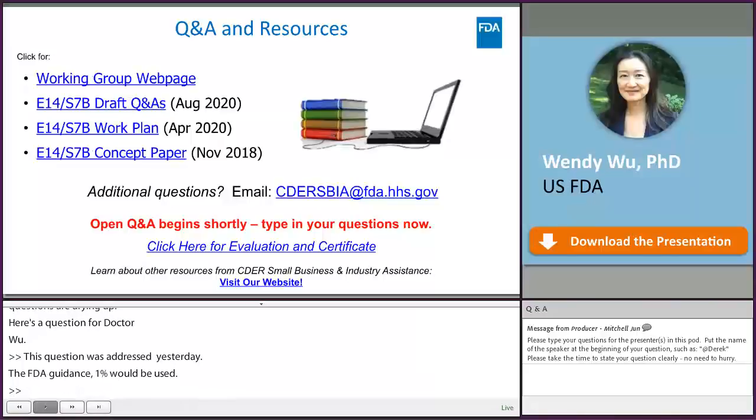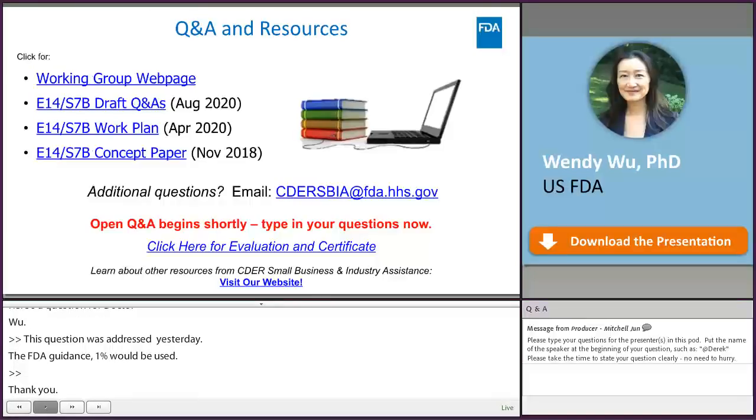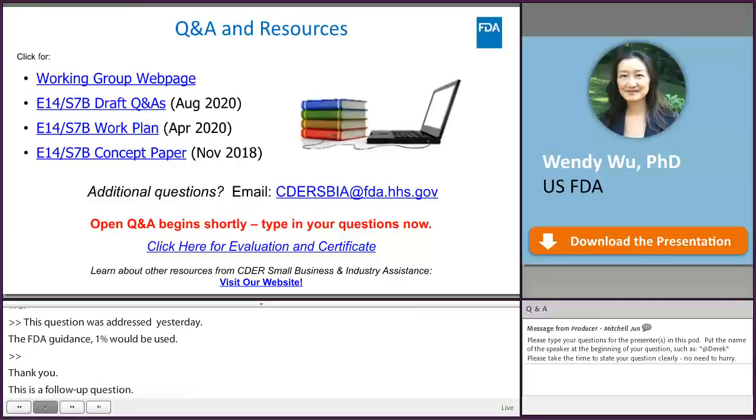I'm just quickly scanning through the questions. So Wendy, this is a follow-up question since we're asking you. This is regarding the temperature of recording, and I guess the question is, would you expect the Herg IC50 value to shift left for physiological temperature compared to room temperature? Right. So again, Herg IC50 value is a static calculation.